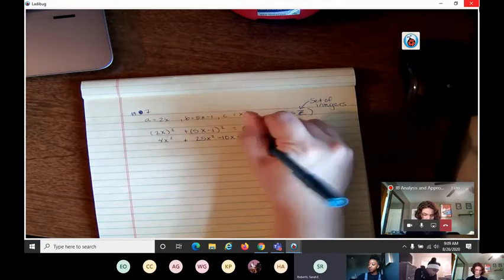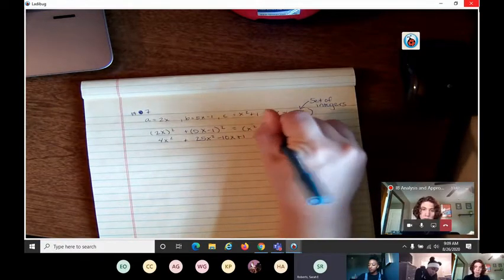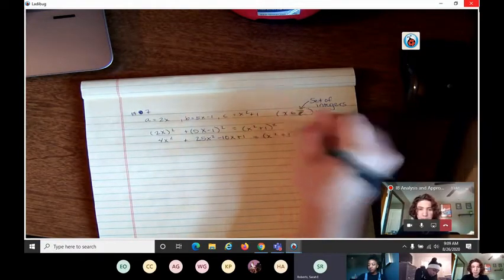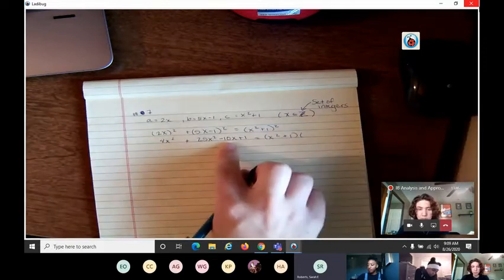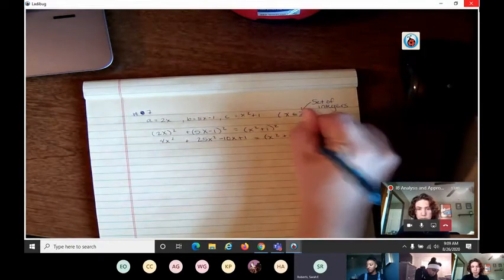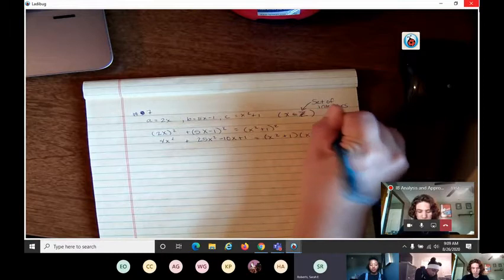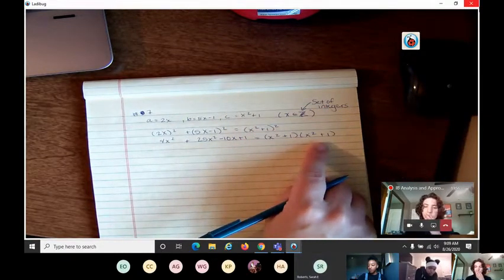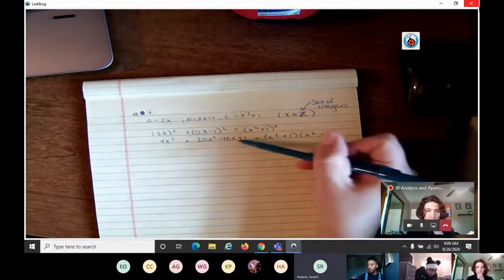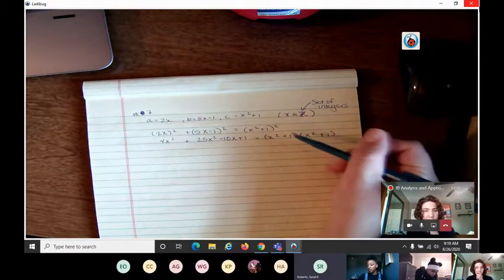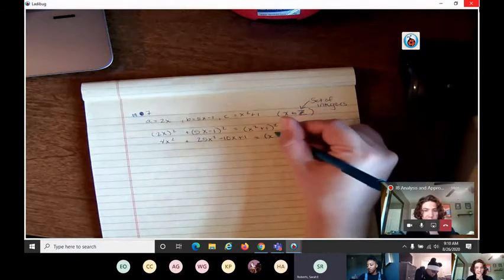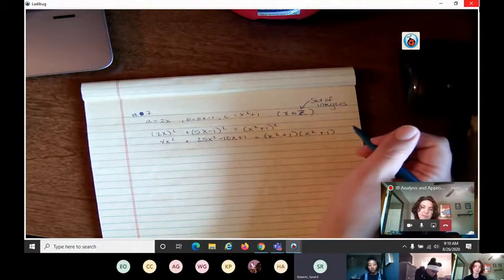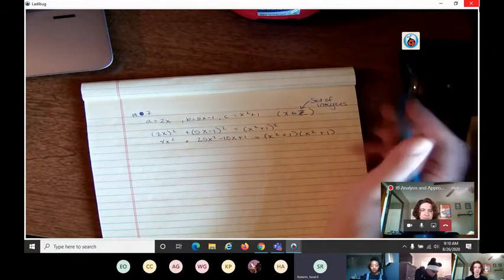I'm going to write this one out so that if you had a hard time following me when I distributed this one, you can maybe follow along with this. So all we did was we rewrote the square as 2 factors. And this is what we did over here. I just did a lot of it in my head. Then we do the first, outside, inside, last thing.